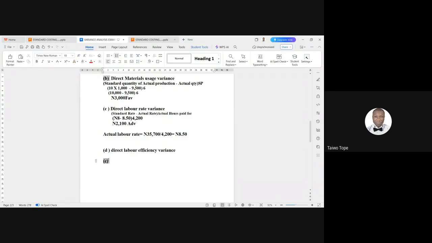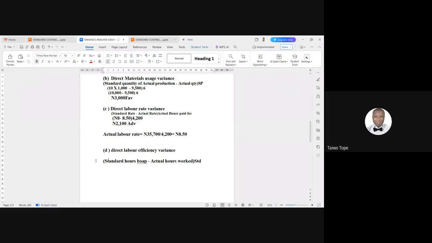So we said the formula is what? Standard hours based on actual production minus actual hours worked, multiplied by standard rate.